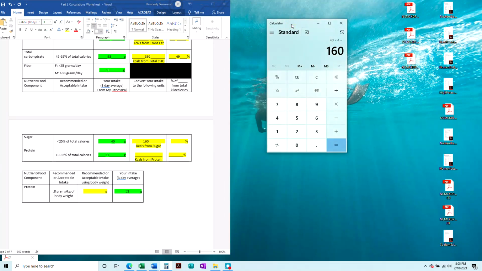And then we're going to divide the 160 by 806, which is my total kilocalories, and then times it by 100. That's going to give me 20%. Protein also has 4 kilocalories per gram of protein. So we're going to take 52 times 4. That's going to give me 208.